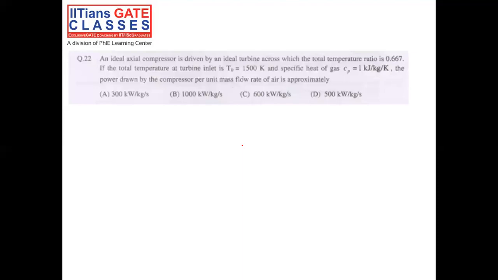So when an ideal axial compressor is driven by an ideal turbine, the power which is being drawn by the compressor is the power which is delivered by the turbine, right?